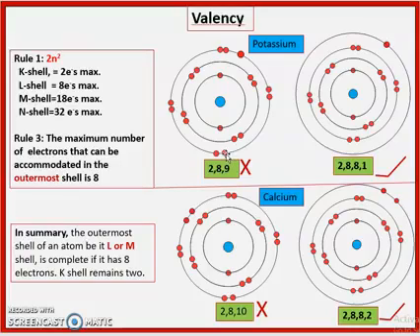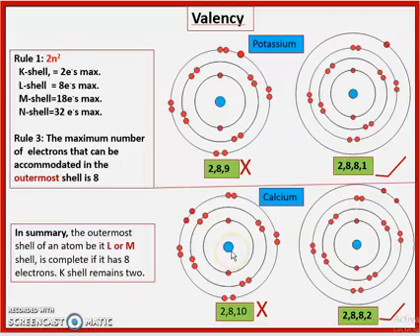We can only put the 8 electrons and shift the remaining one to the next shell. That is why this is wrong. So the potassium atom has this configuration: 2, 8, 8, 1. This is also what happens in calcium atom.